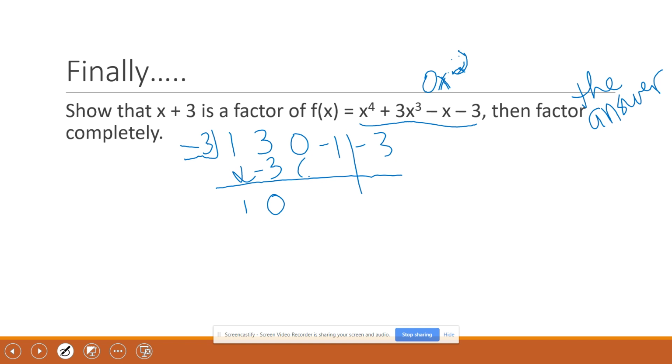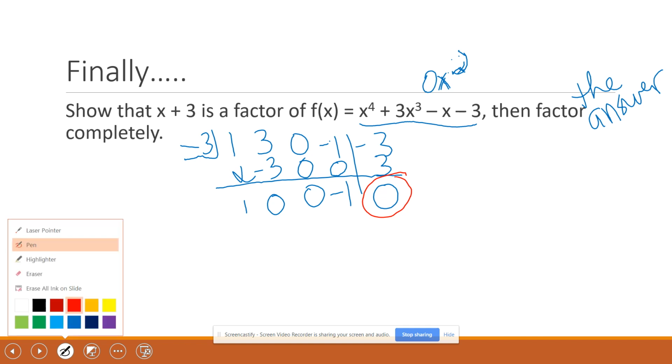Negative 3 times 0 is 0. 0 plus 0 is 0. Negative 3 times 0 is 0. Negative 1 plus 0 is negative 1. Negative 3 times negative 1 is 3. Negative 3 plus 3 is 0. So here's our ever important 0 remainder saying that x plus 3 is a factor.